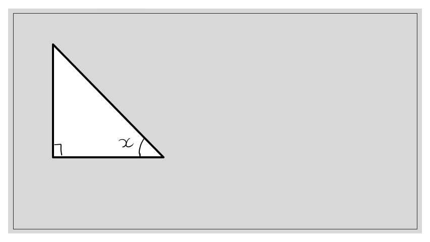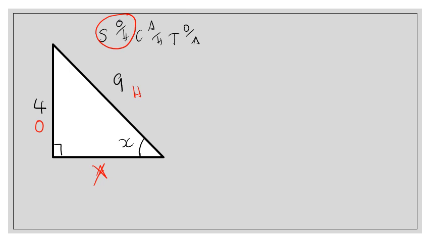So question here for you, if you guys all have a go at this question. So start off by labelling our sides, opposite, hypotenuse, adjacent. We're not using the adjacent, so we've got a 4 here and a 9 by the hypotenuse. So O and H means we're going to be using sine.